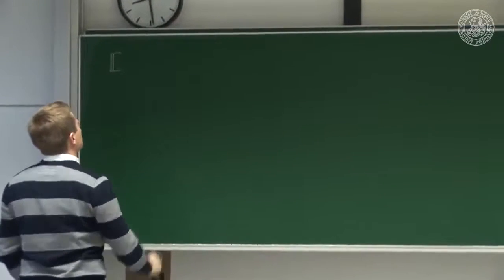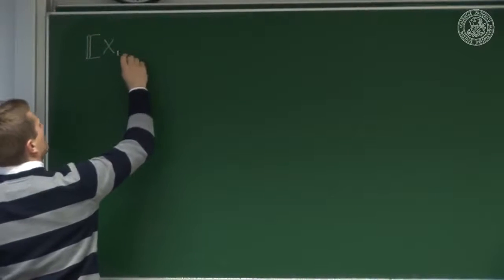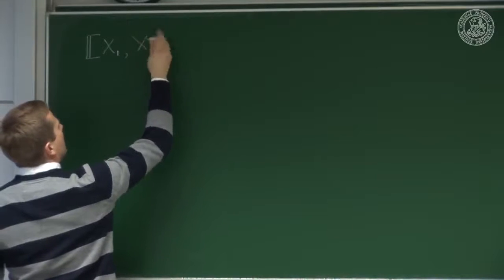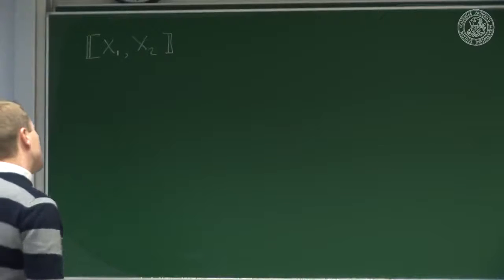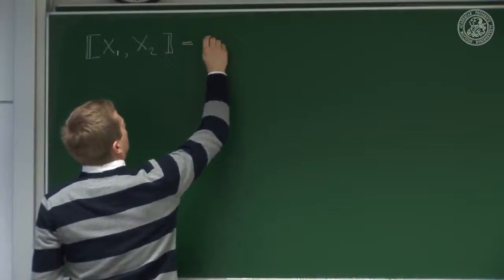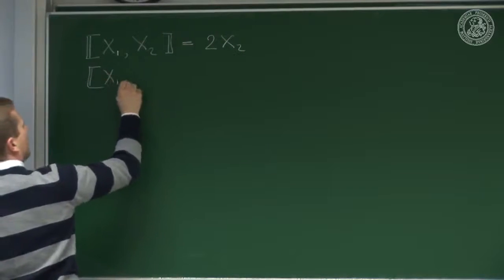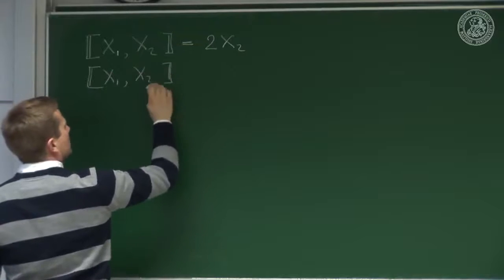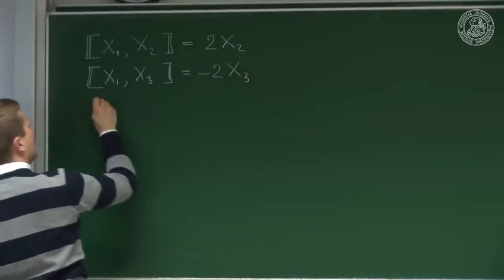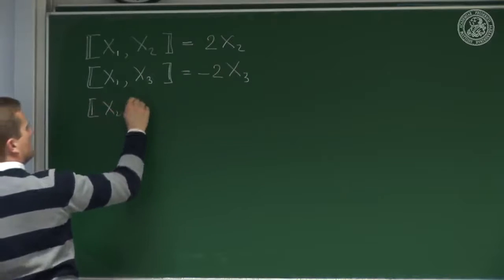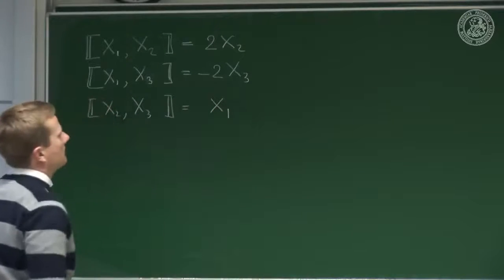And I now use the short notation x1 for the first vector d by dA at the identity, and x2 as d by dB at the identity. And this we found is 2 times x2, and x1, x2, x3 we found is minus 2 x3, and finally x2 and x3 we found to be simply x1.